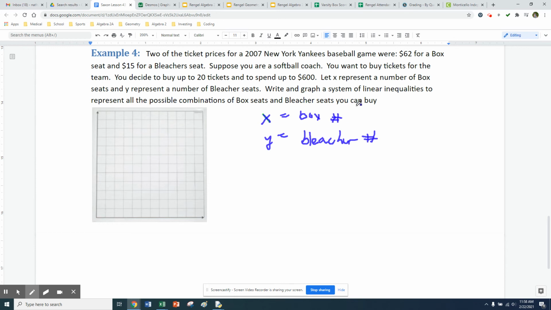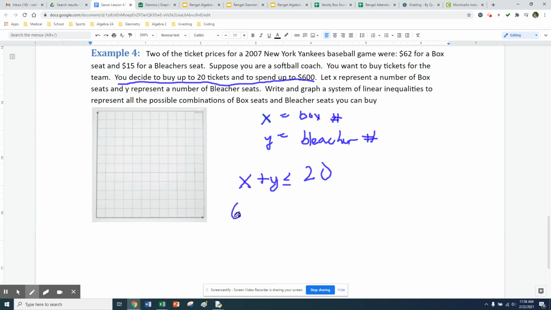Write and graph a system of linear inequalities to represent all the possible combinations of box and bleacher seats you can buy. Now, I don't know if you caught it, but right here it gives us 2 limitations. You can buy up to 20 tickets and spend up to $600. So that would mean that X plus Y has to stay less than or equal to 20, because we can only buy up to 20.